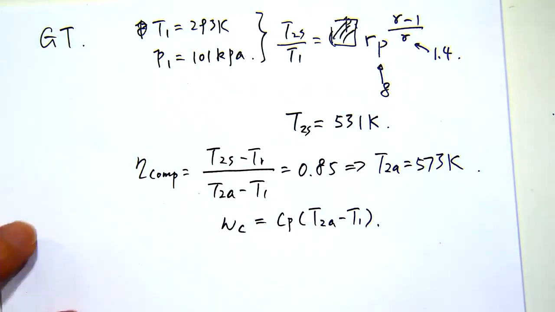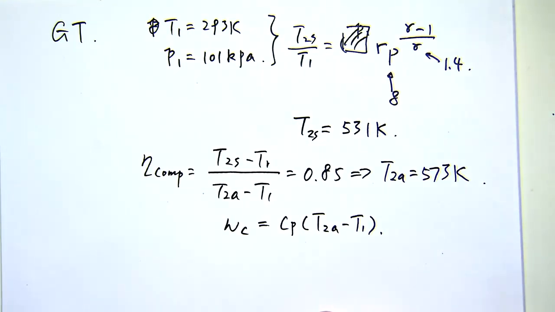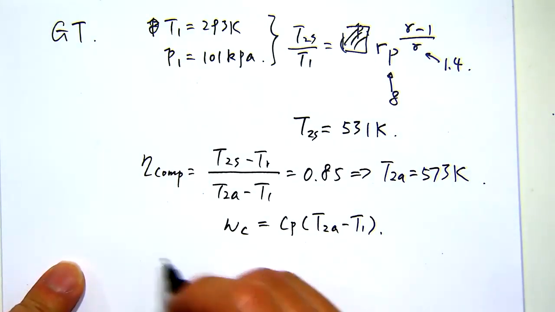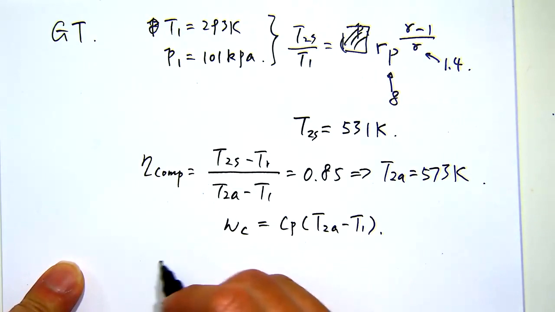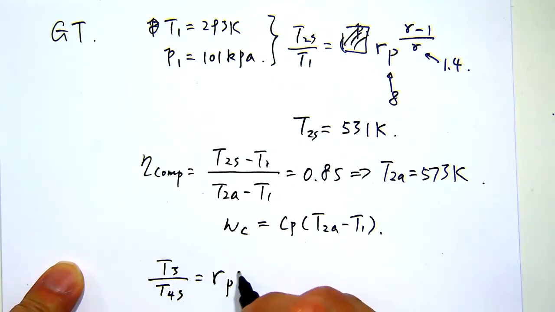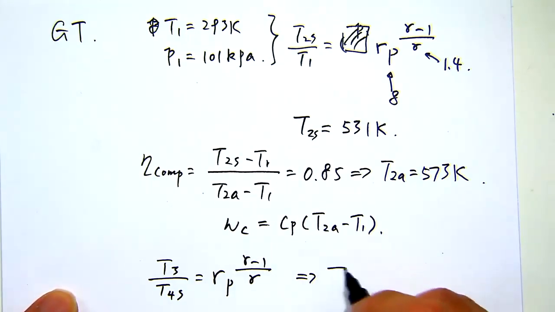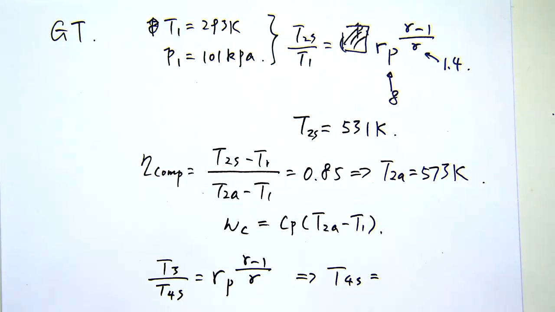So that's the compressor work, and then we want to find the turbine work. Turbine work is easy, from 3 to 4a, right? We can do a similar thing: T3 over T4s equals RP to the power of gamma minus 1 over gamma. Then we can quickly find T4s, 758 Kelvin.